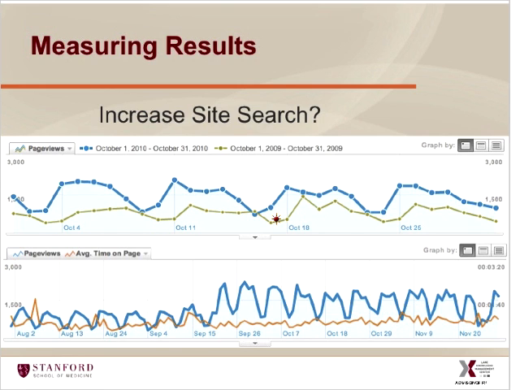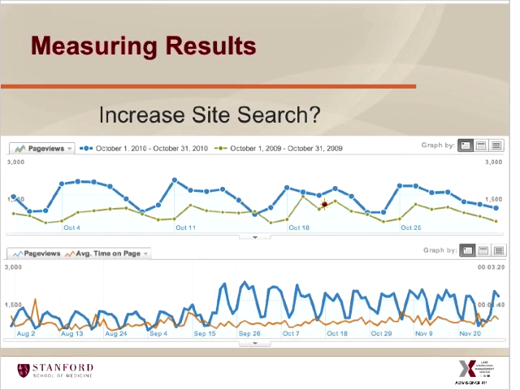We looked at October. The green line is October 2009. The blue line is October 2010. And you can see that the blue line is pretty much always above the green line, and overall it's double.